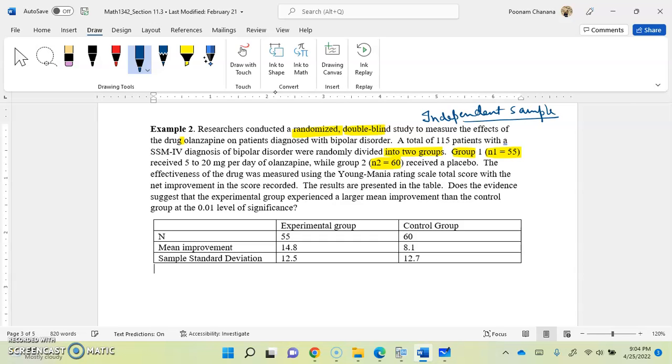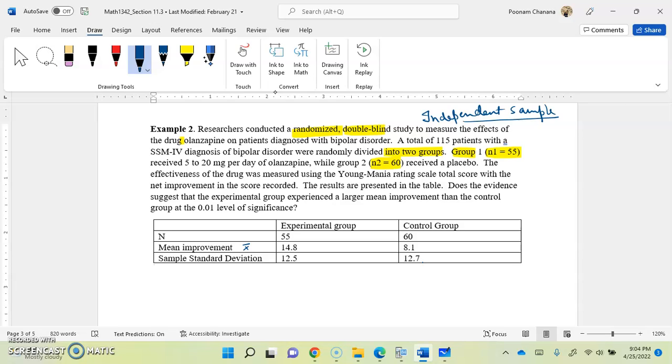So the results are presented in the table. What is given? N1 is 55, N2 is 60. Mean X bar for the first group is 14.8, and for the second group it's 8.1. Sample standard deviation for the first group is 12.5 and it's 12.7 for the control group.